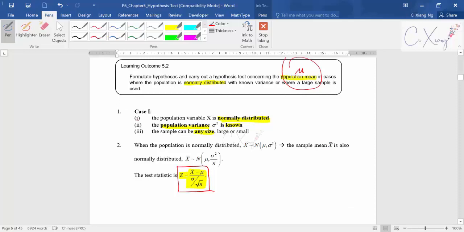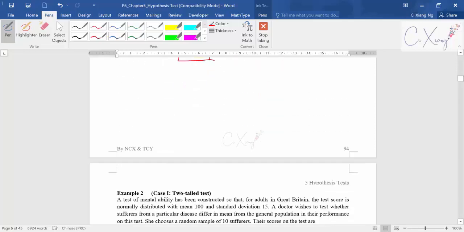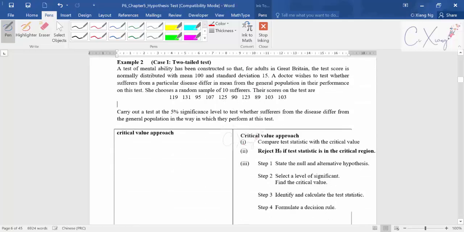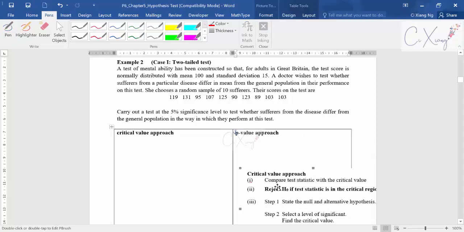Now I will go into the details. Let us have a look at example 2. In your notes, you will see that I prepared two columns for you. One is the critical value approach, another one is the p-value approach. Here I already hid it, so you can see the p-value approach here.